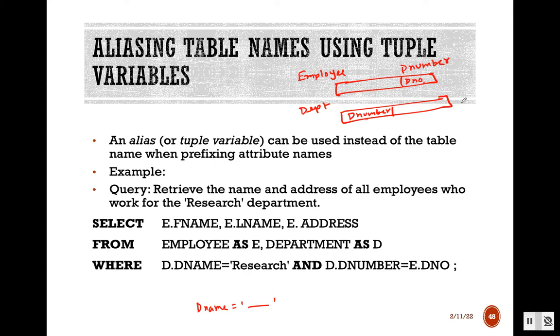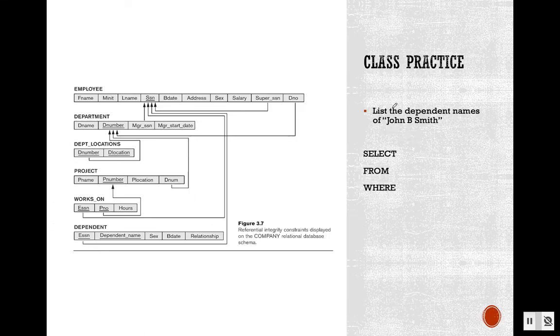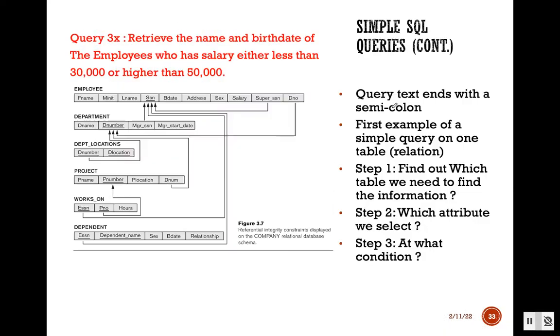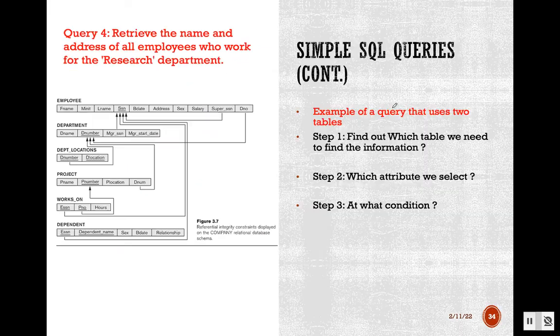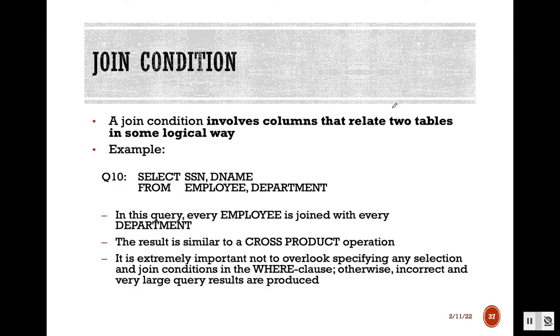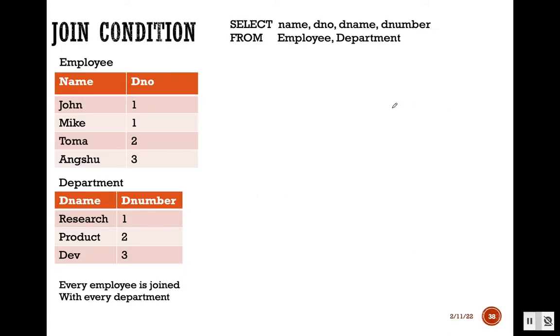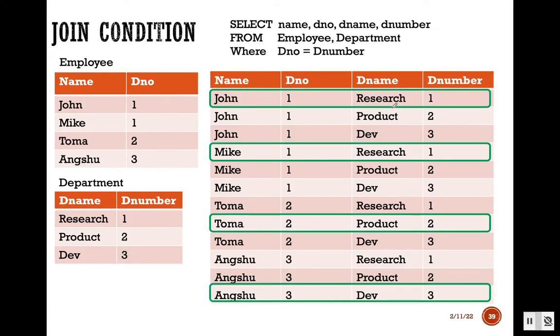Now what I'm trying to say is, let me go back to one example. When I wrote this query, how does my query compiler know which attribute is coming from which table?